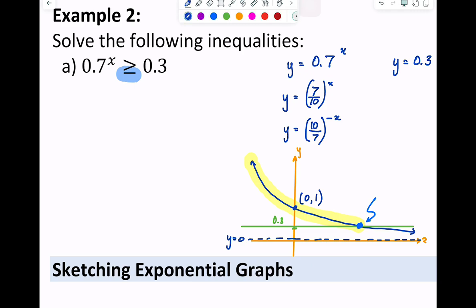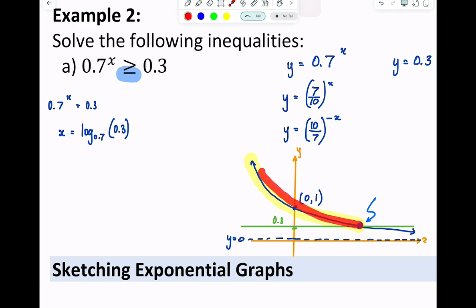Since we're doing logs, let's turn this into an equal sign first. So we'll go 0.7 to the power of x equals 0.3, just to find out where that point is. If we take the base across to the right hand side, it becomes a log base of 0.7 of 0.3. And now we introduce the inequality.